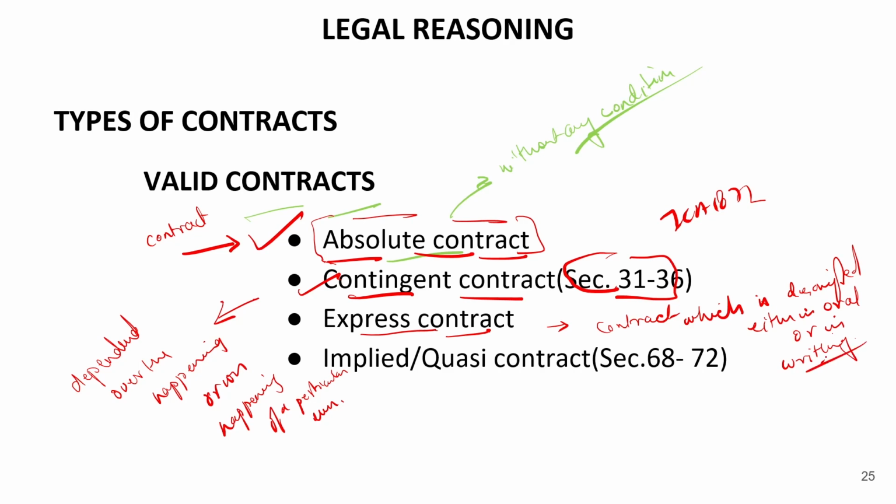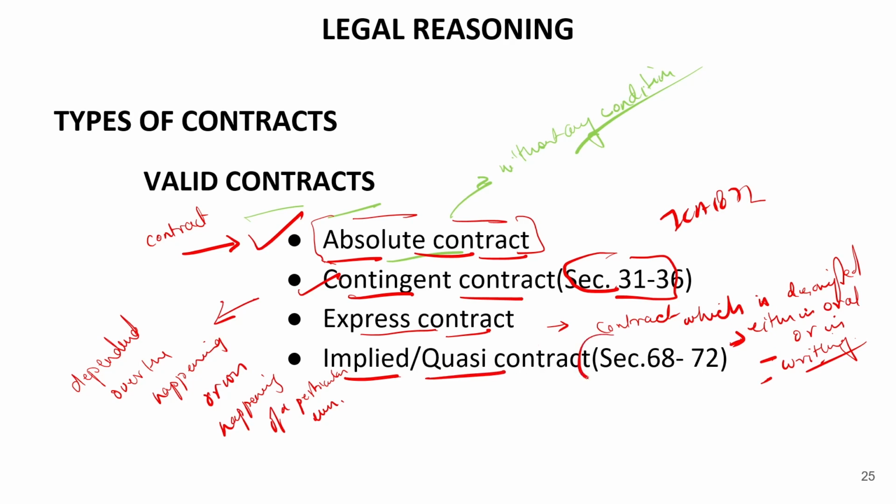So these types of contracts, which are oral or written, are considered to be express contracts, where one party is showing their willingness to do something or to abstain from doing something in order to get the willingness or consent of the other party. But when we talk about express contract, we understood that it is something written or oral. But when we talk about implied or quasi contract, what does that mean?